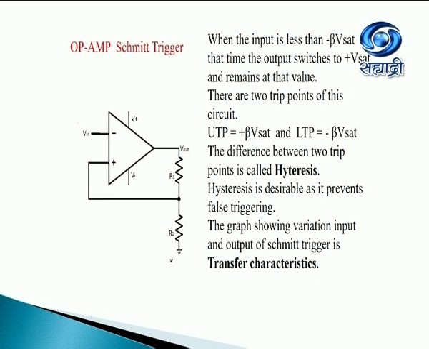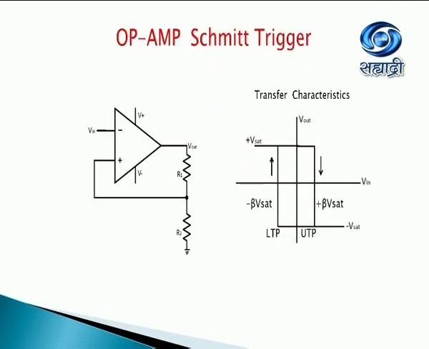The graph showing variation in input and output of Schmitt trigger is transfer characteristics. Figure shows transfer characteristics and Schmitt trigger circuit. Here, when the voltage is increasing at beta Vsat, high to low transition takes place, and when it is decreasing at minus beta Vsat, transition from low to high takes place.